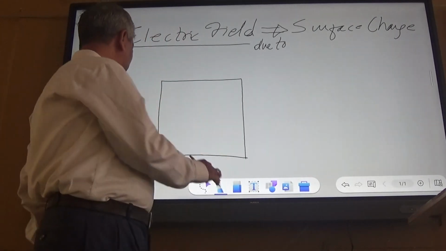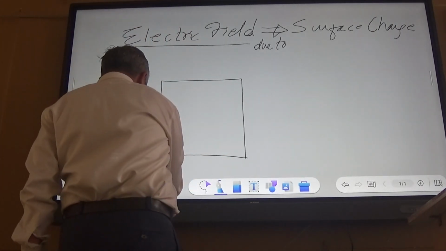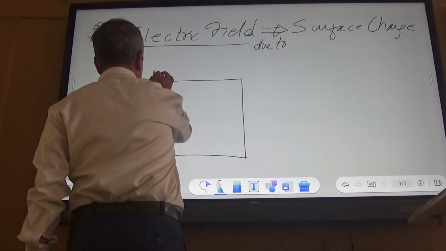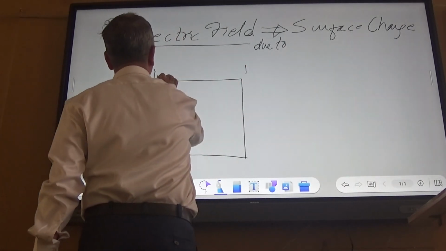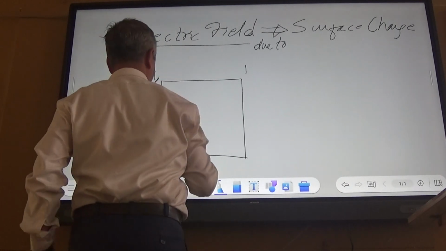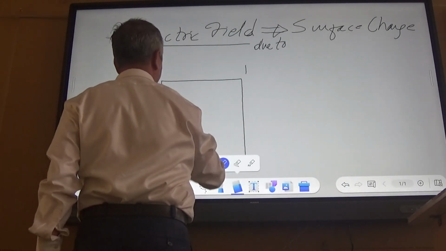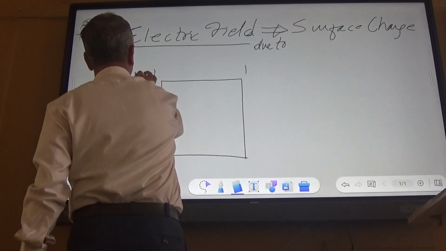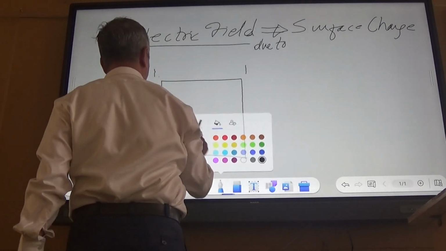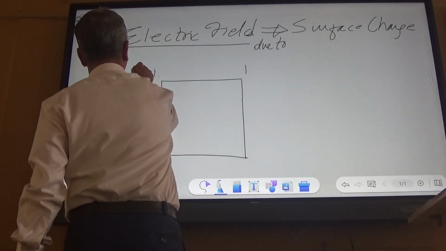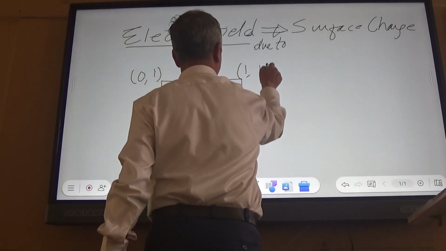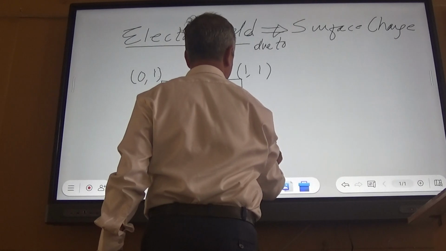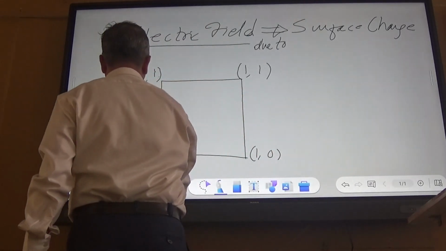This surface is in the xy plane starting from the origin. This point is 0, 1. This point is 1, 1. This point is 1, 0, and this is the origin 0, 0.